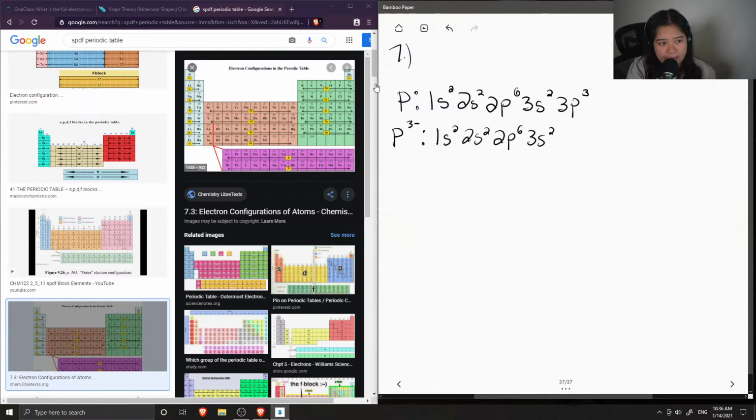And if we were to add 3 electrons, 1, 2, 3, we get 3p6. So now this tells us that this phosphorus that has 3 electrons added to it now has the same electron configuration as argon.